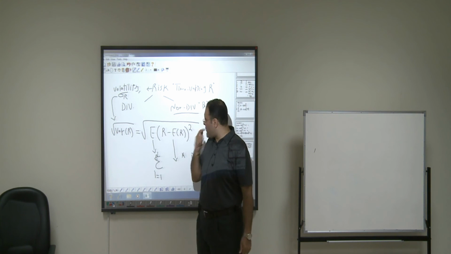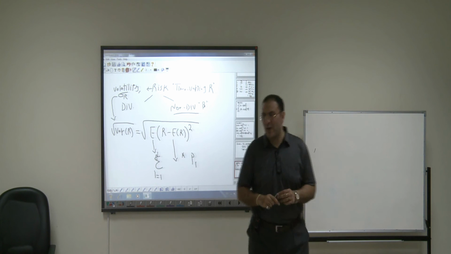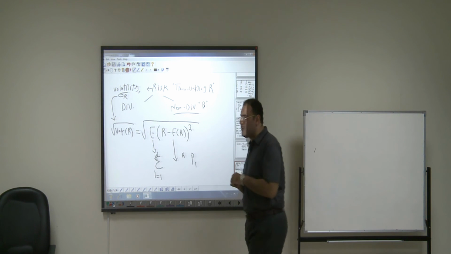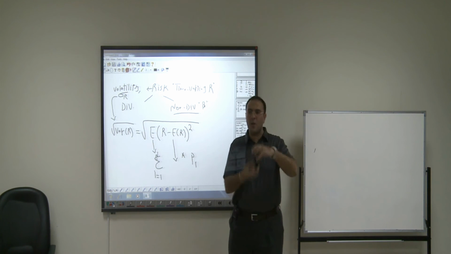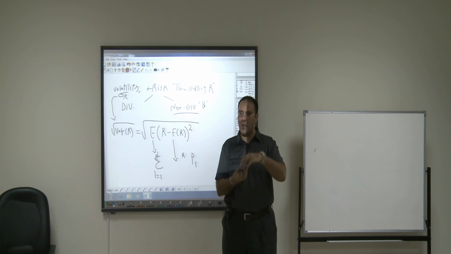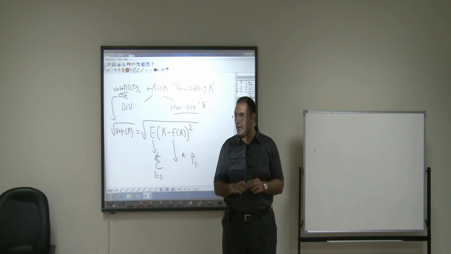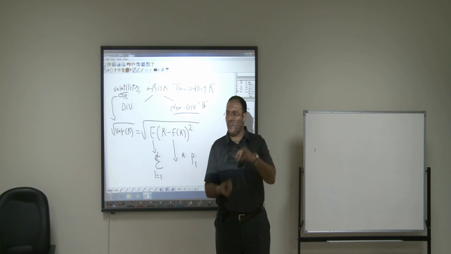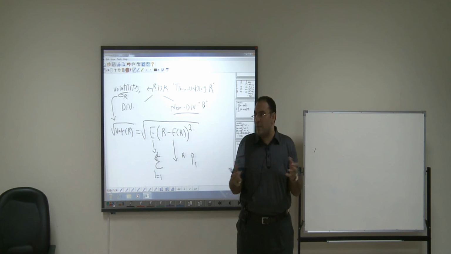Okay, good. Why do we have to go through the how far squared first? Because if you just sum how far, you're going to end up with 0. If you sum up all the distances from the mean, you end up with 0.